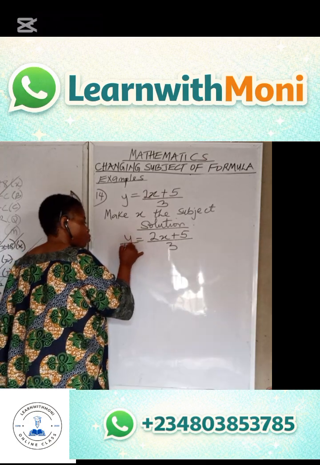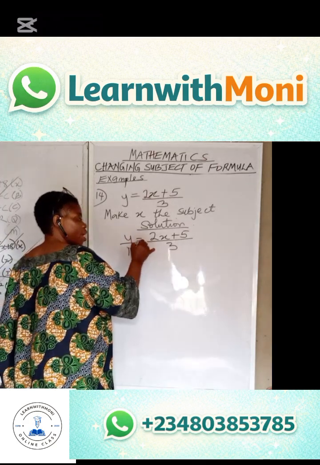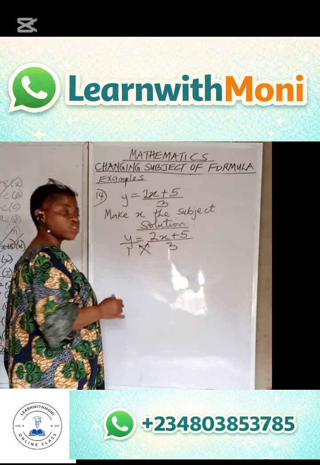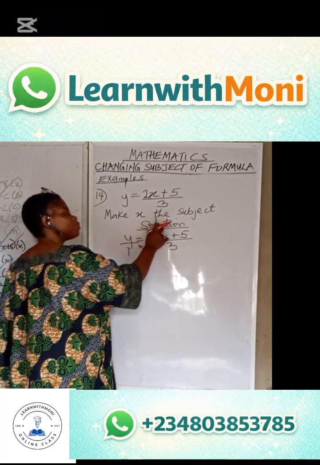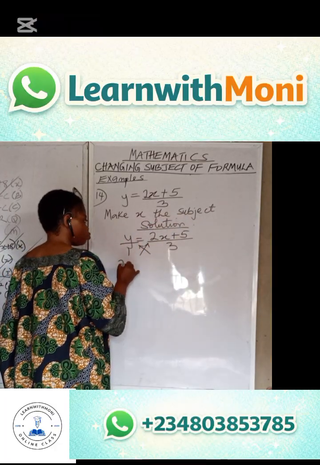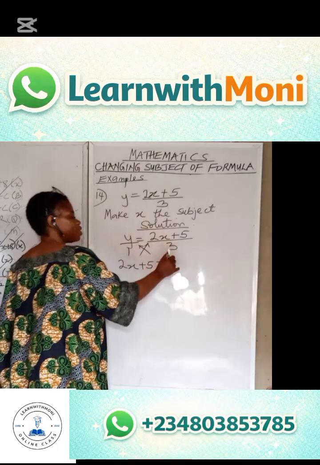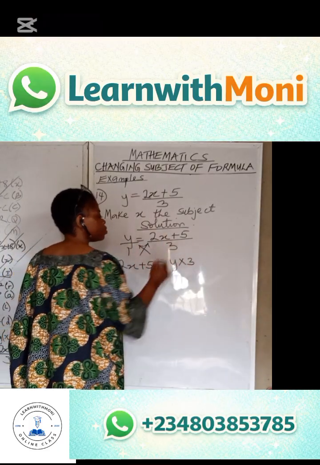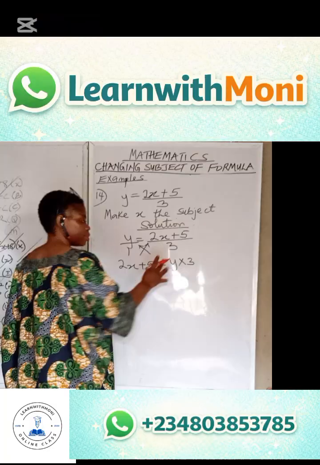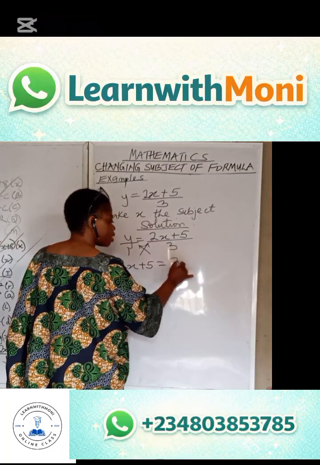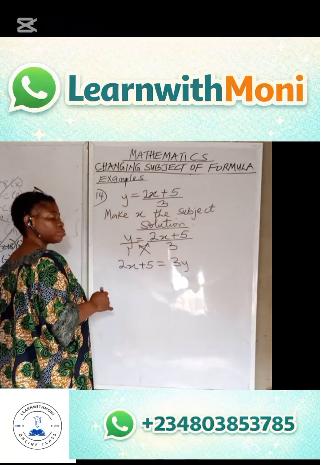I will put this as over 1 because it is actually over 1. So let us cross multiply. 1 times 2x plus 5, that is 2x plus 5 equals y times 3, which is 3y.